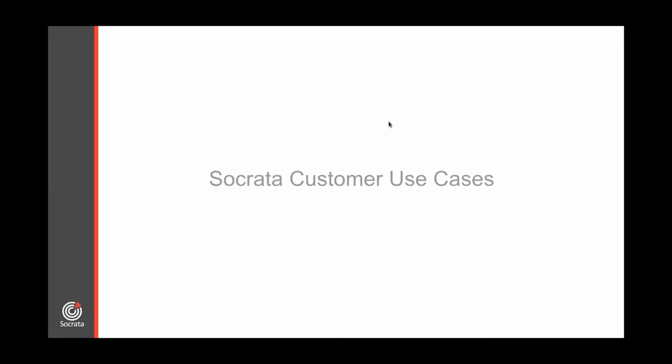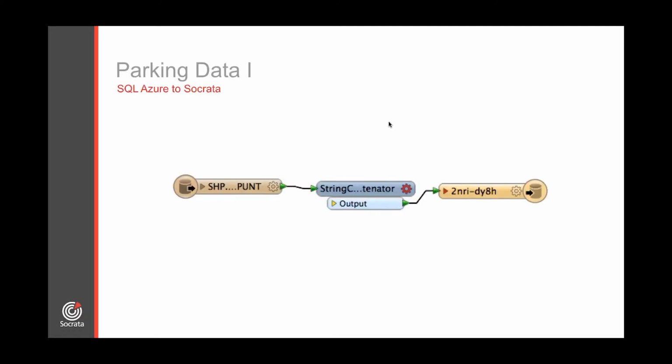Okay, so moving on to show some cool customer use cases that I've come across so far from our customers using FME already. Here's a very simple use case where the customer has data in a SQL Azure database, and they're extracting the data out of that database.